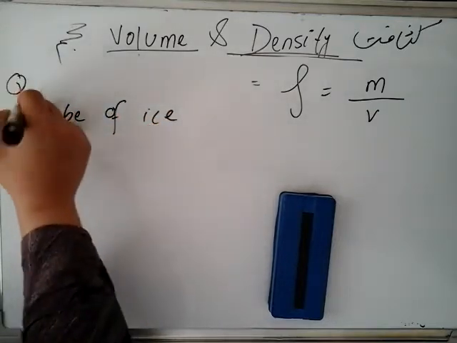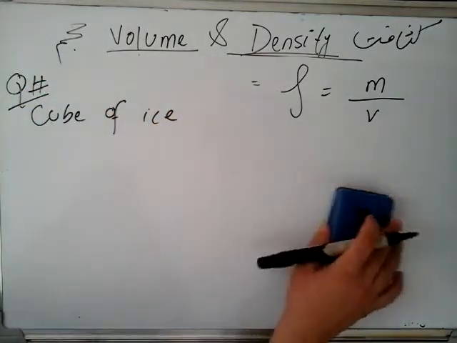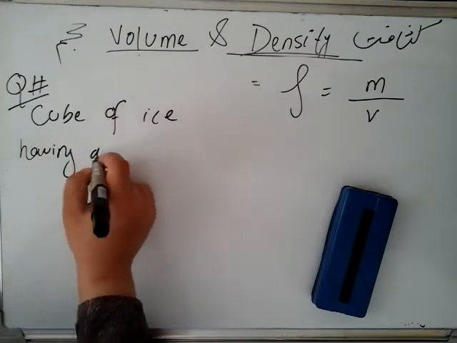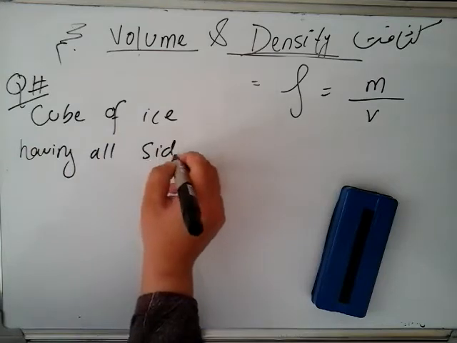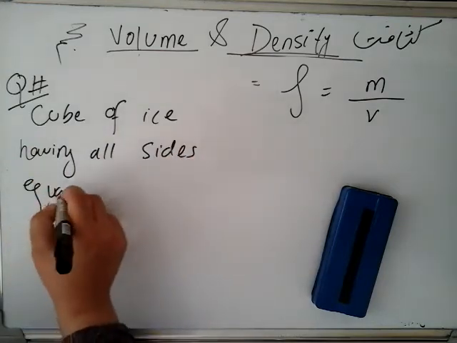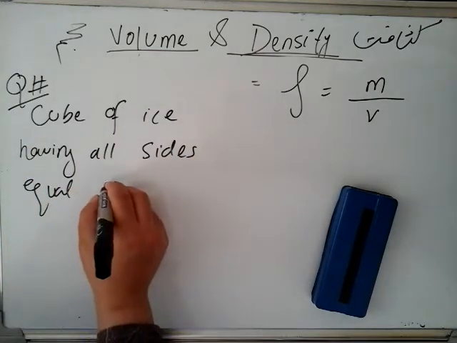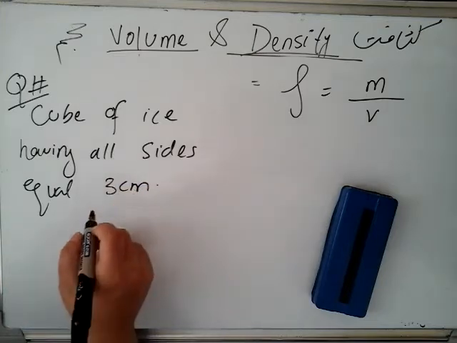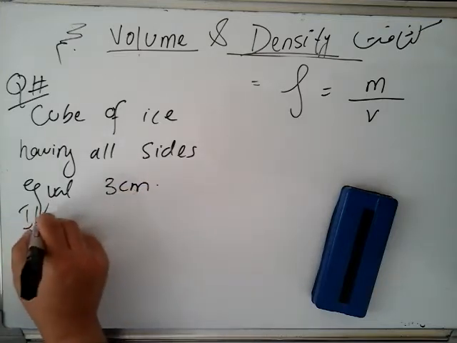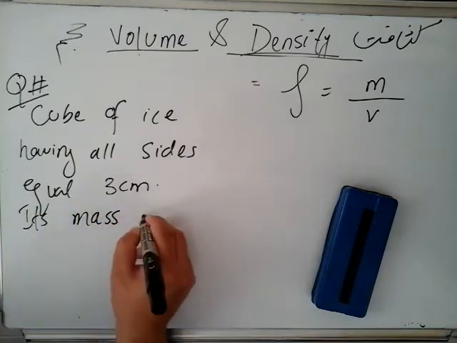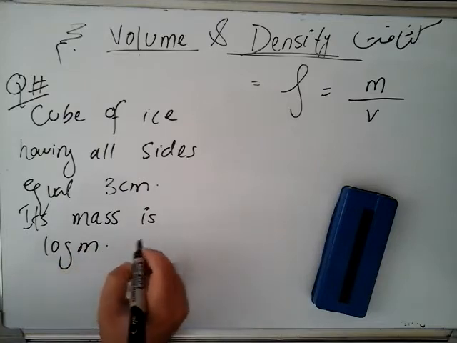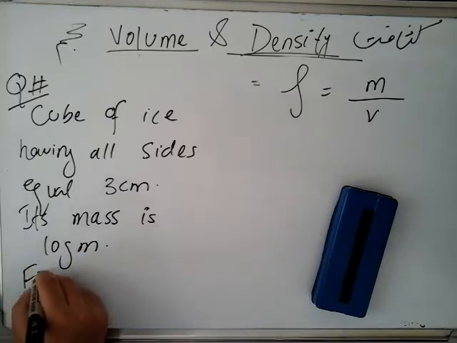There is a question for you: a cube of ice having all sides equal, each side 3 centimeter. Then its mass is 10 gram. Find its density.